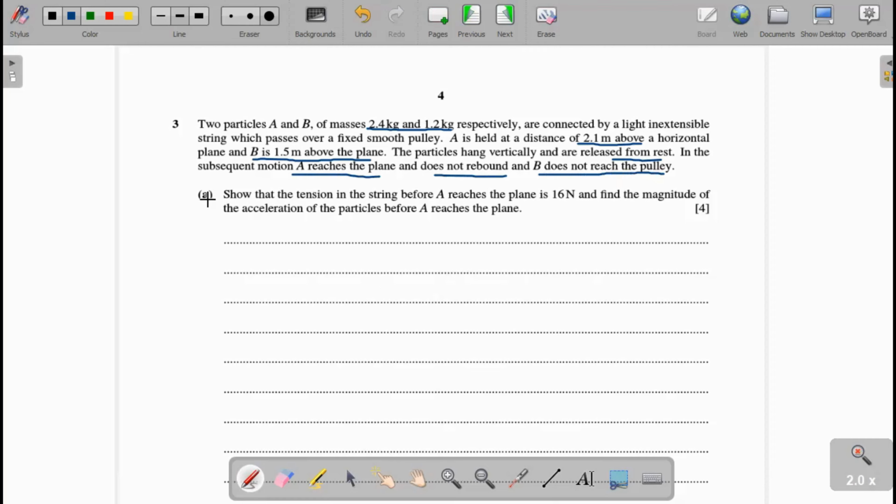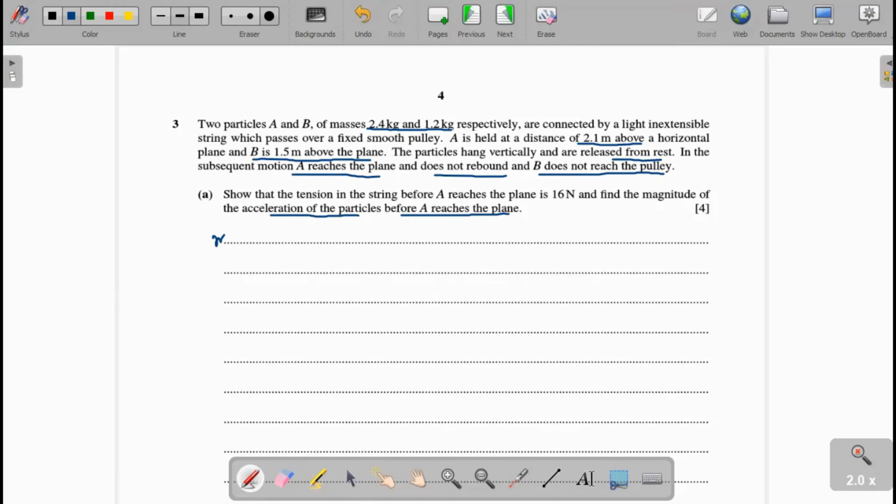Okay, now in the first part, show that the tension in the string before A reaches the plane is 16 Newton, and find the magnitude of the acceleration of A before it reaches the plane. Firstly, we note down the data in this given problem. Here is the mass of the two particles.